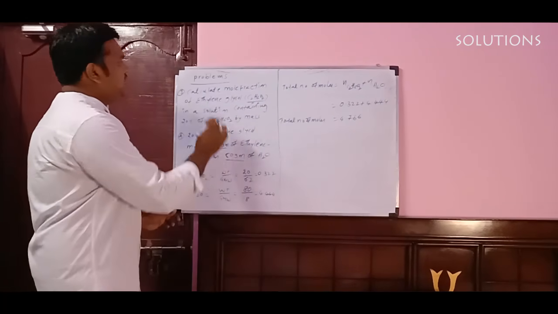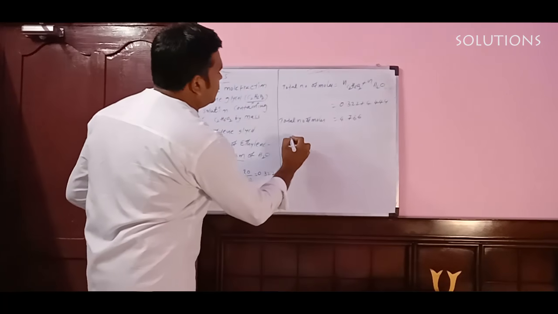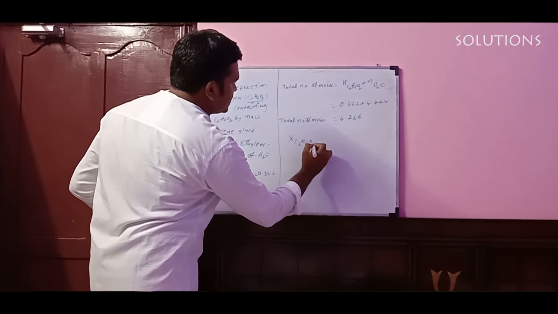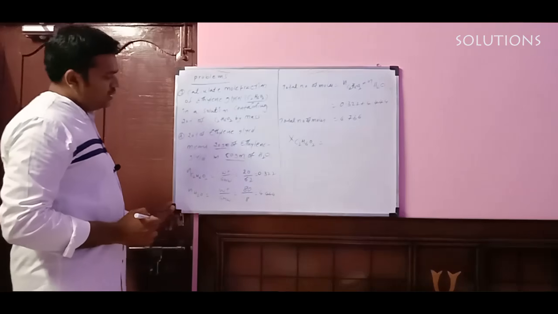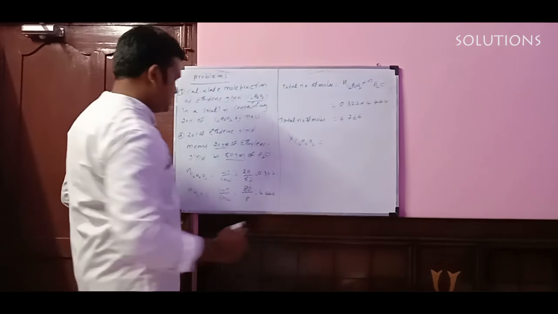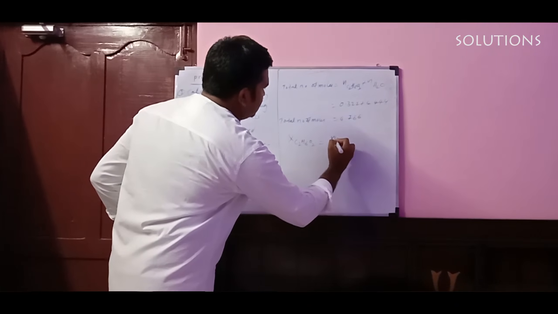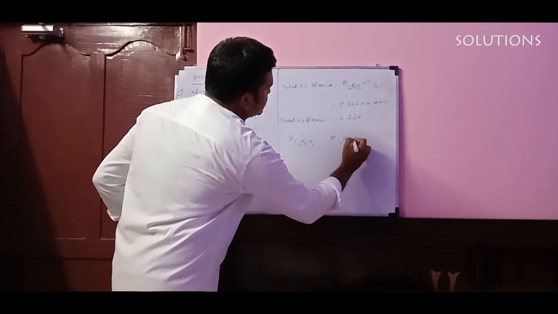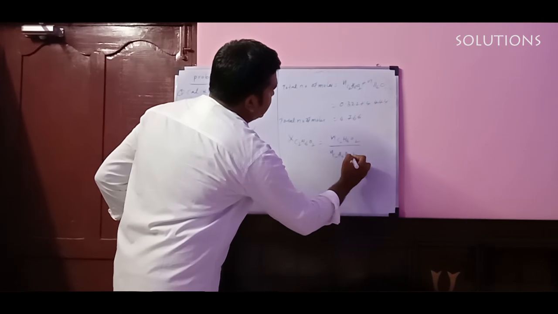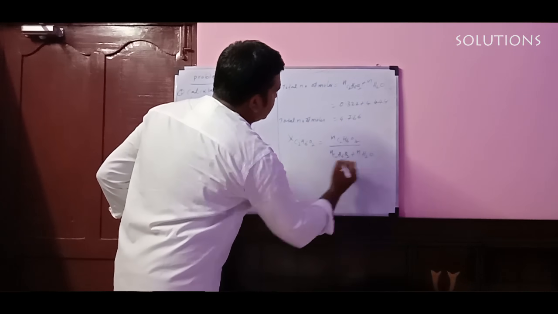Now what they are asking here? Mole fraction of the ethylene glycol. Mole fraction of ethylene glycol, C2H6O2, means number of moles of glycol by total number of moles. Number of moles of C2H6O2 by number of moles of C2H6O2 plus number of moles of H2O.